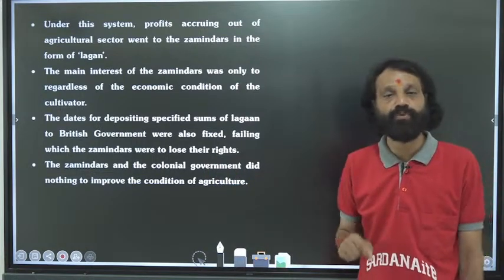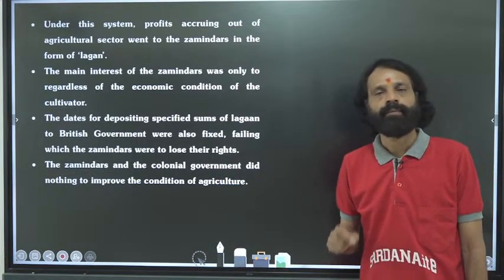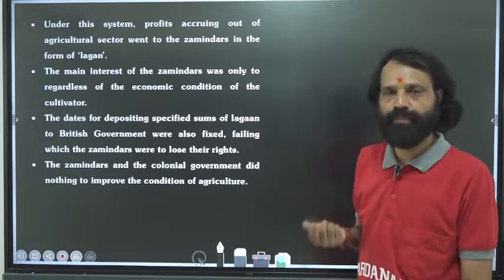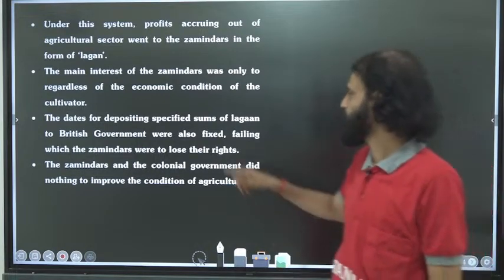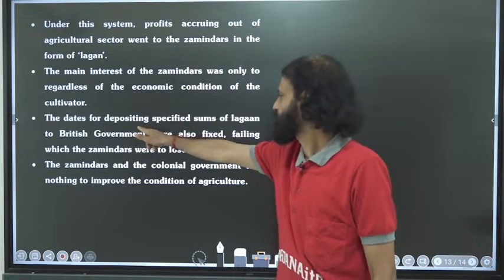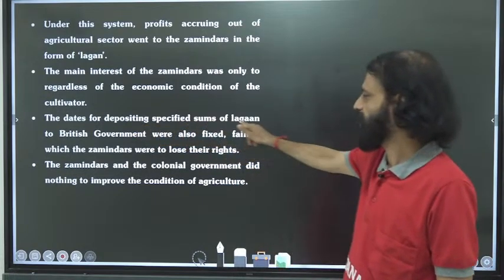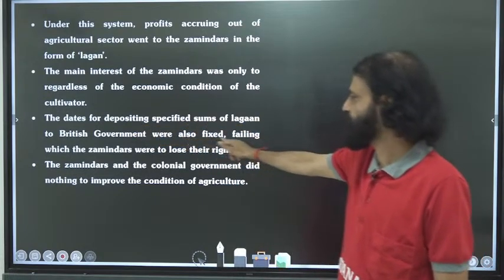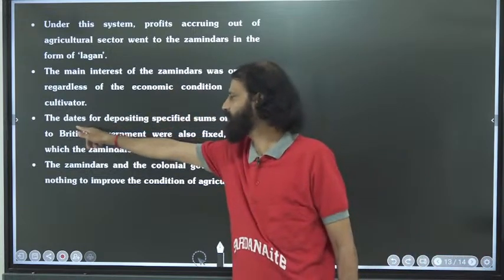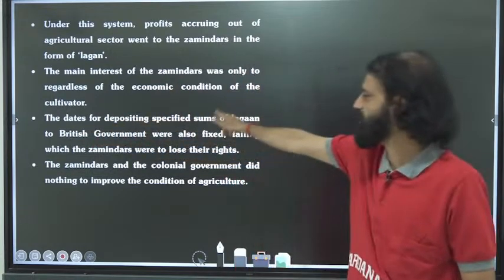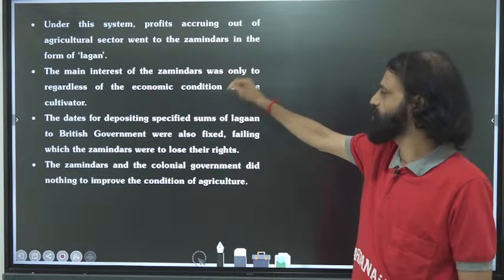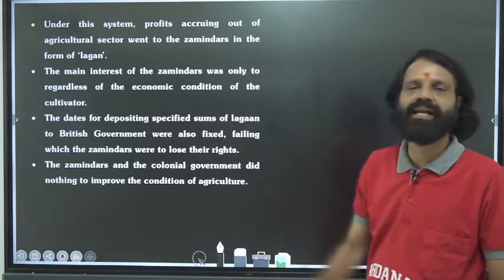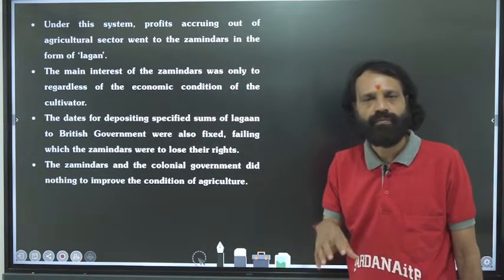For depositing that tax, specified sums of lagan and dates for the British government were fixed. Before the particular date, the zamindars needed to deposit the amount collected from the farmers.